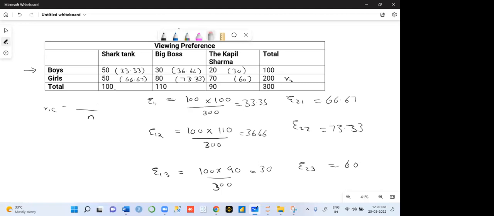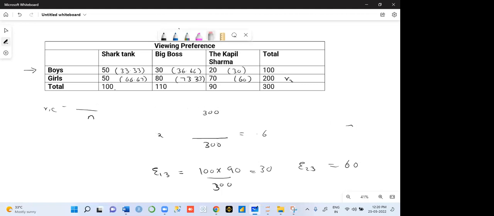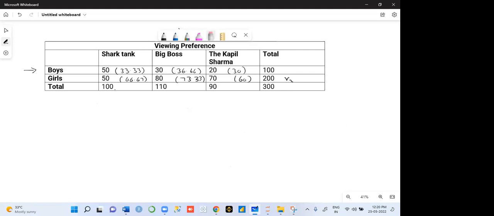Now guys, you have the expected value. You have your observed data. Can you find the chi-square value? Perform chi-square summation of (Oi minus Ei) the whole square divided by Ei.